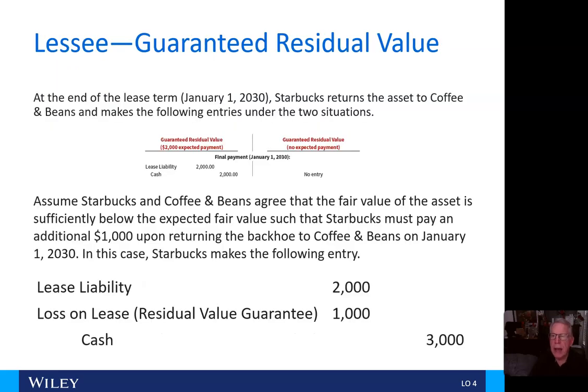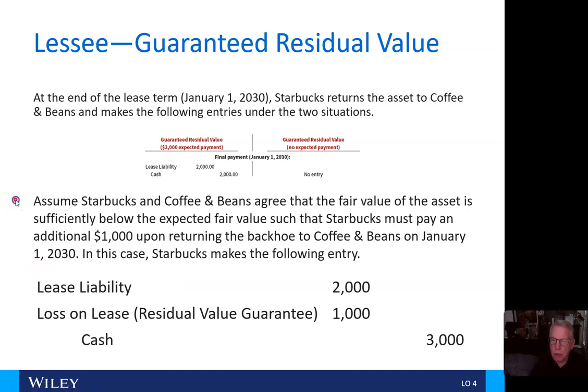Now at the end of the lease term, that's going to be January 1, 2030, Starbucks returns the asset to Coffee and Beans and makes the following entry under two situations. Here, we're going to debit lease liability for $2,000 and credit cash. And if there's no expected payment for guaranteed residual value, we won't have any entry.